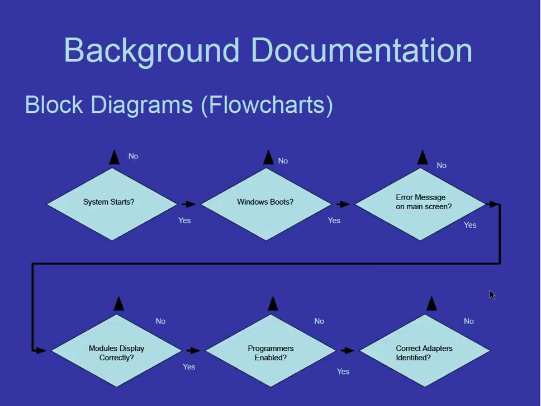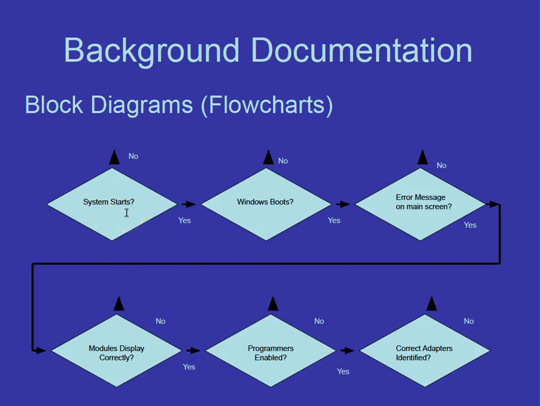So this is an example of a flow chart, and in this, for example, you have some system which starts, and it has two options: system started, yes or no. Based on these two responses further, your flow chart is created, and you find out what the problem is in the system and at which step.